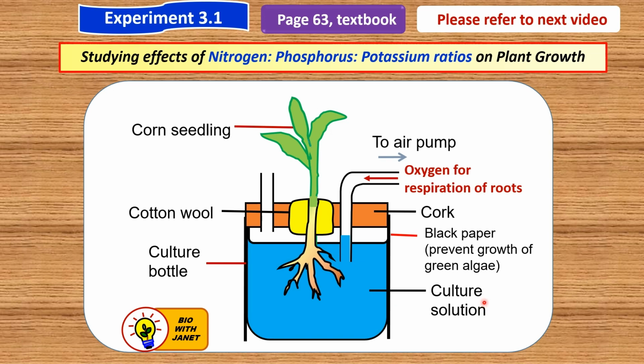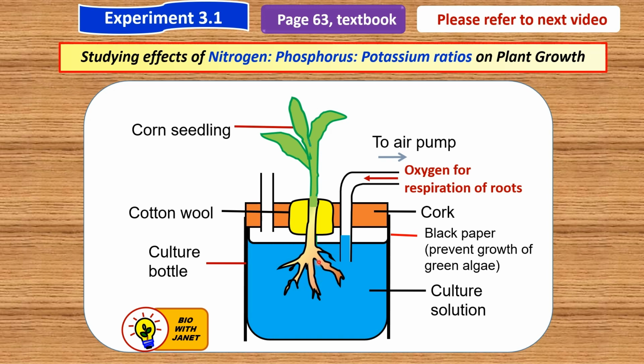One of the culture solutions will be the complete Knop's culture solution with all the macronutrients and micronutrients present. But there are other culture solutions where there is a macronutrient lacking in each culture solution, right? So we're going to observe the growth of corn seedlings in the different culture solutions in a period of 1 month. And after a period of 1 month, we're going to observe what are the symptoms of deficiency, if there are any.